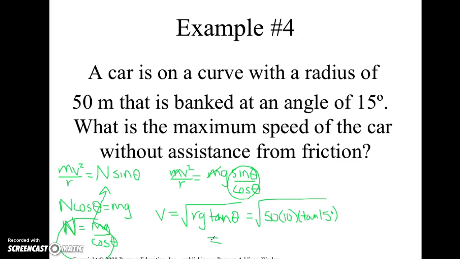And this is going to give me 11.6 meters per second. Okay, so the big thing again is just setting these two equations. These are the two equations from the free body diagram, and we just solve one for the normal force and plug it in. And we end up with sine over cosine, which is equal to the tangent.